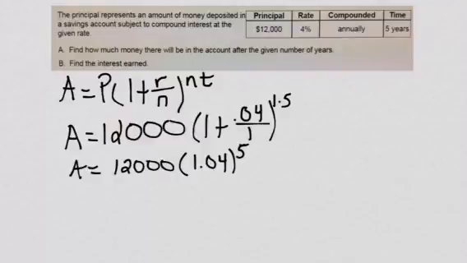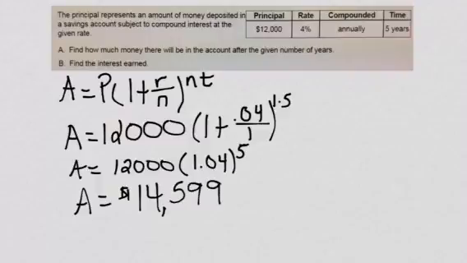Okay, and so if we multiply all this together, we get A equals 14,599.83. Again, you want to make sure, because we're talking about money, when we round, we always round to the hundredths place value, or the nearest cent place value.